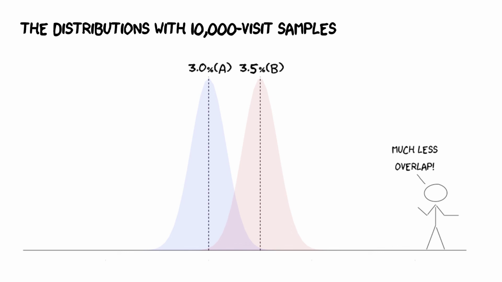There's still the risk of a false positive or a false negative from the overlap, but it's much, much lower. And that's why basically the larger our sample size, the smaller of a change we can detect between a test and a control. We never really know what the true conversion rate really is, but this gets us a lot closer.